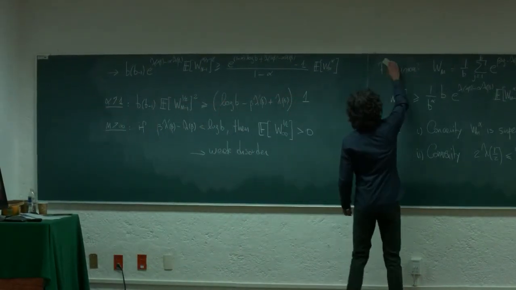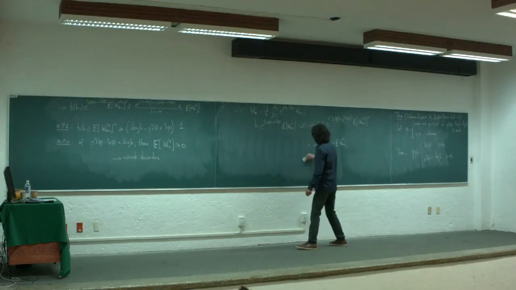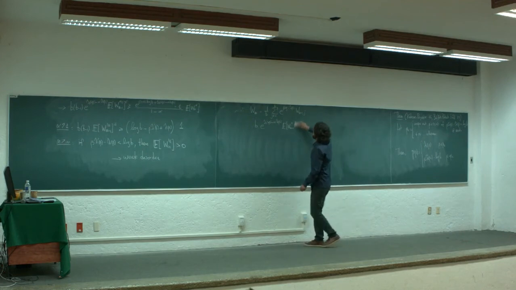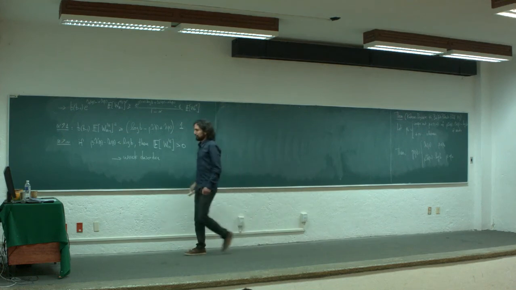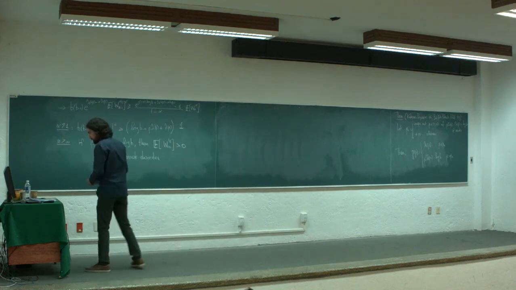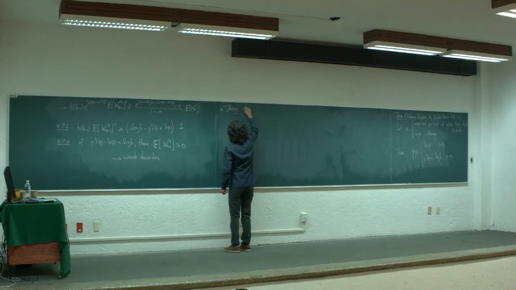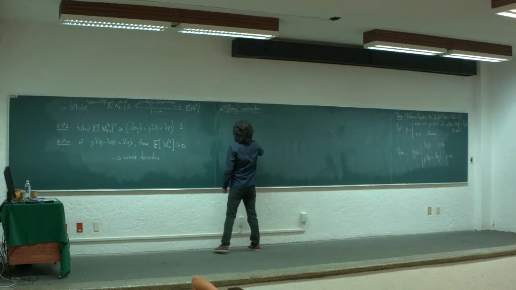Okay. So let's go quickly to the strong disorder region. So there the proof is more reasonable. Okay, so first a lower bound.